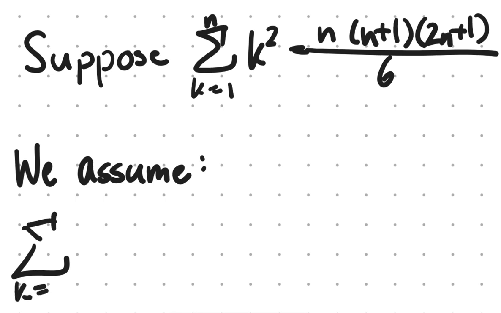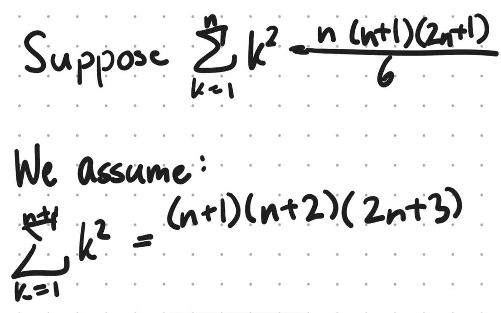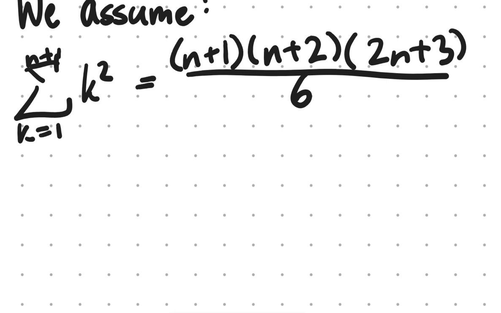So let's just plug in n plus 1. The sum as k goes from 1 to n plus 1 of k squared, by definition, you just plug in n plus 1 in this equation. So (n plus 1) times (n plus 1 plus 1), so n plus 2, and 2 times (n plus 1) is 2n plus 2 plus 1, so it's 2n plus 3, all divided by 6. So this is what we assume.